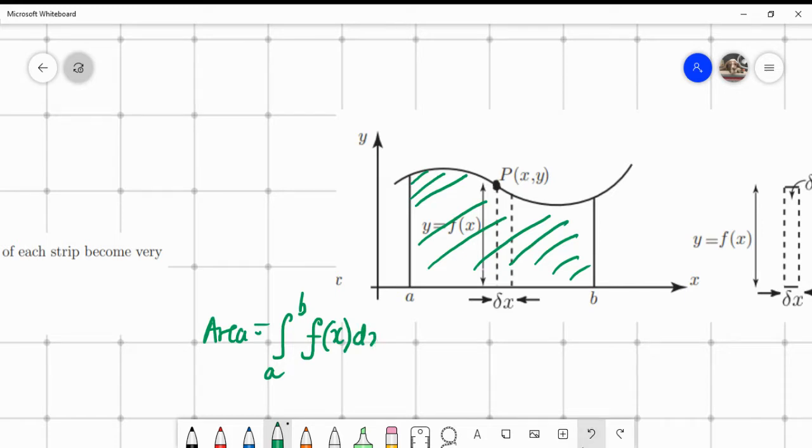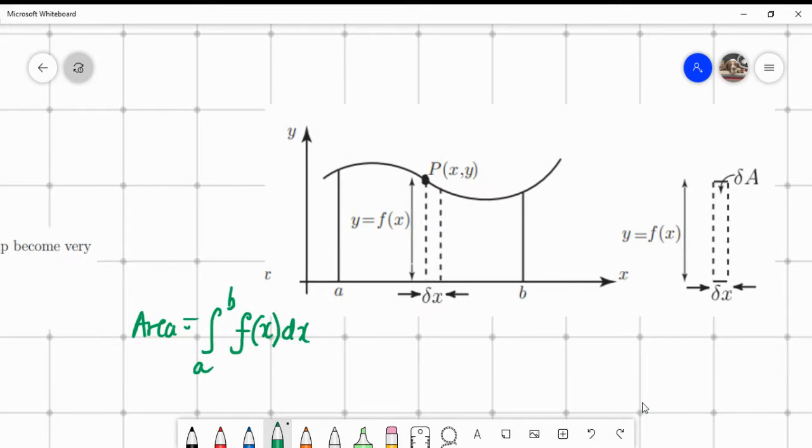But if you were going to physically try to find this area, you can think of breaking it up, similarly to what you did in the trapezium rule, but this time into tiny rectangles. You've got one drawn on the right hand side, a rectangle of width h or delta x.